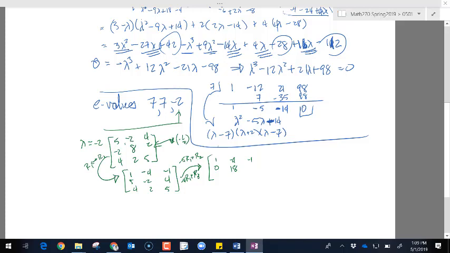Okay. One. 1/2. All right. So this is good. That means we have a one-dimensional null space.